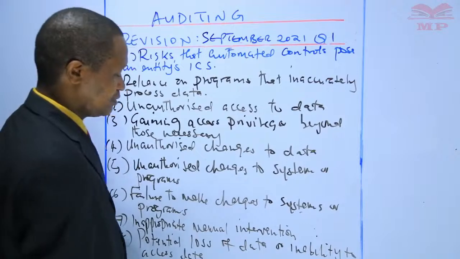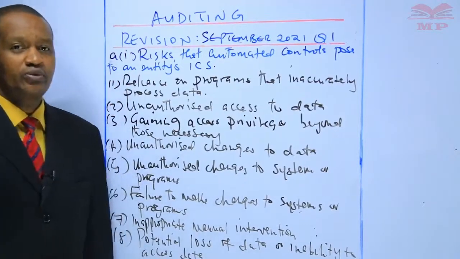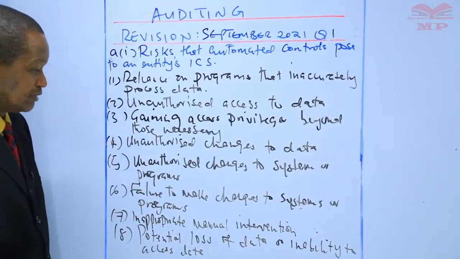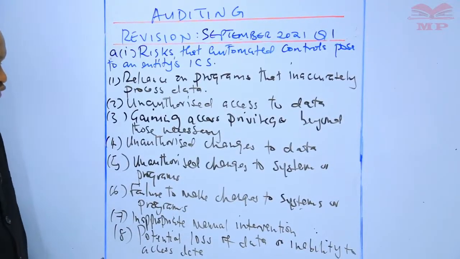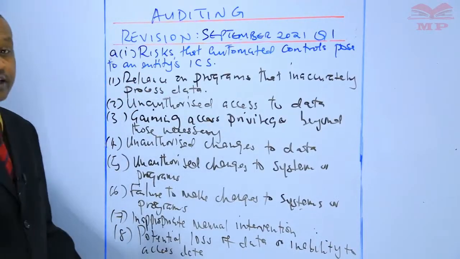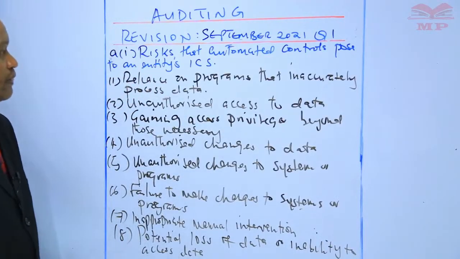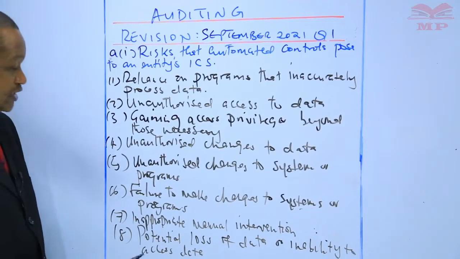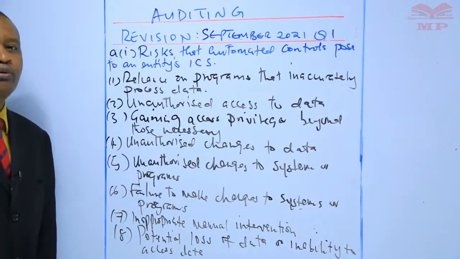And we know data can be lost through various ways. There are various reasons why the users may not access data. That has happened many times. So when having automated controls, these are some of the risks that may be posed.